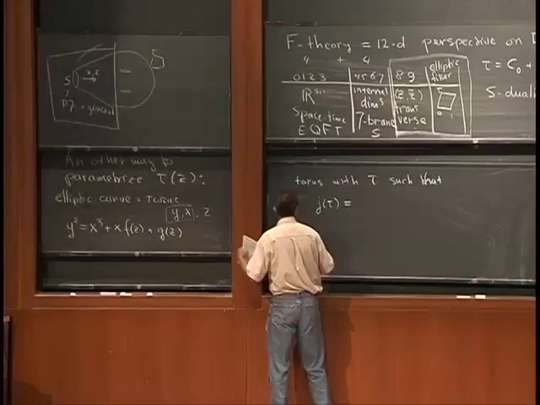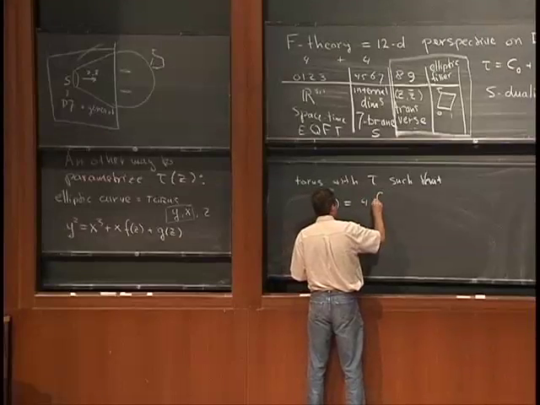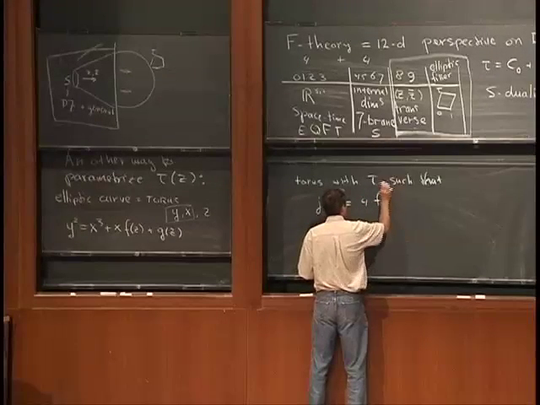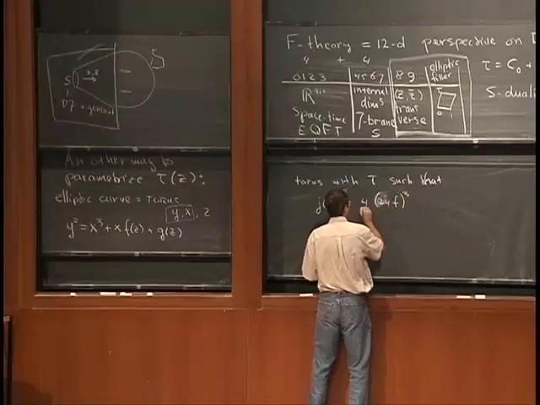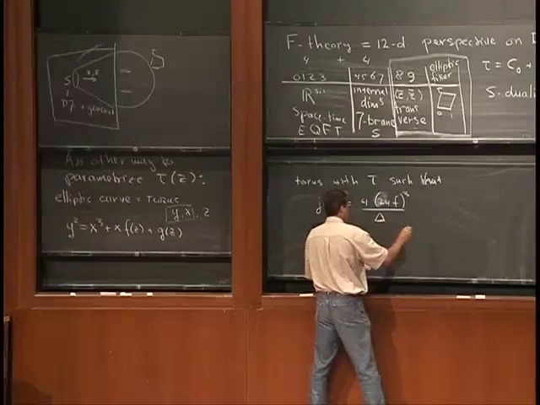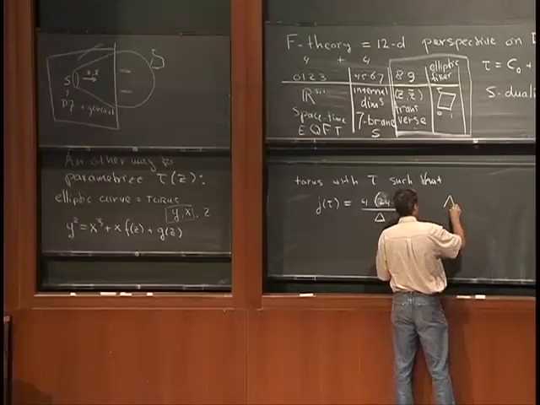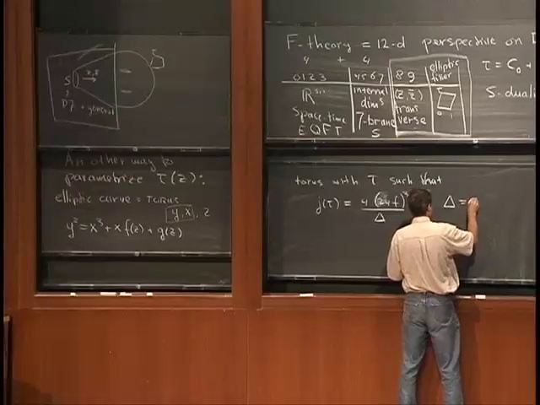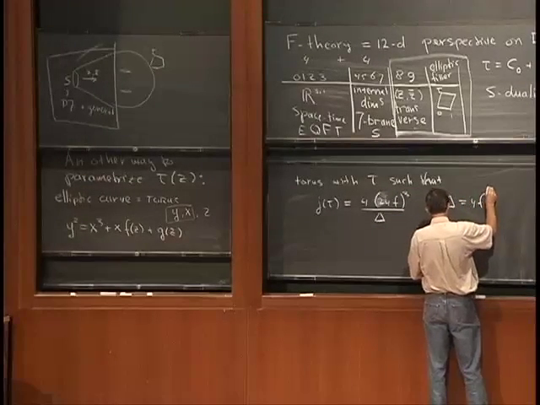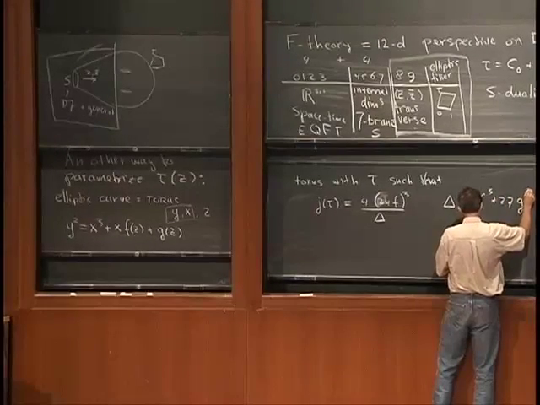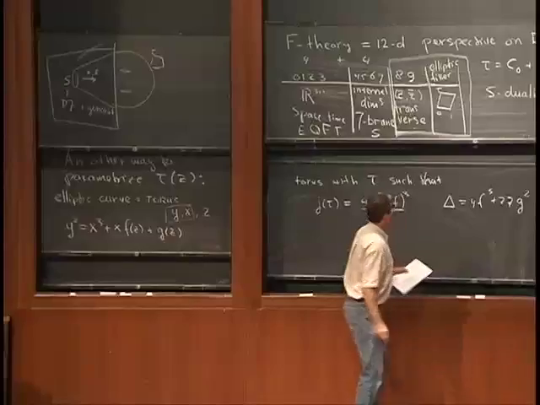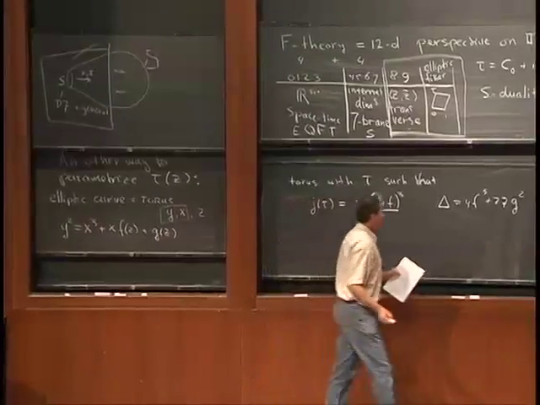You can express it in terms of that function f. I think it goes like this: it's 24 f cubed divided by a quantity known as delta. And delta is 4f cubed plus 27g squared. And this thing is known as the discriminant.